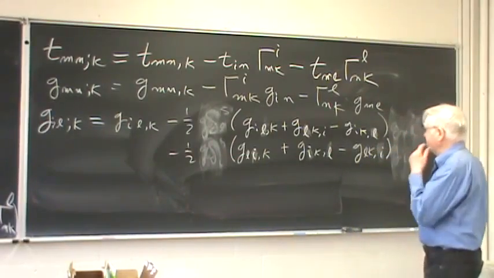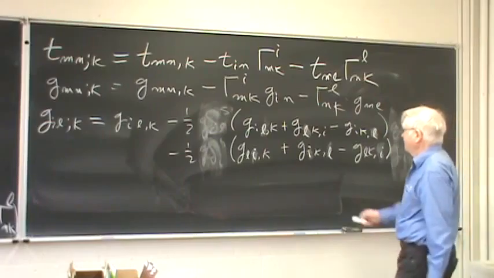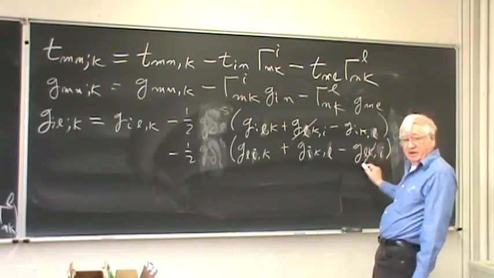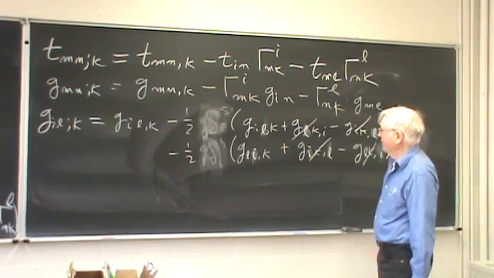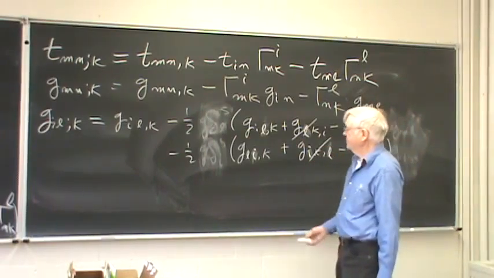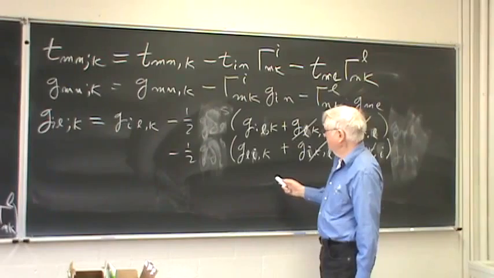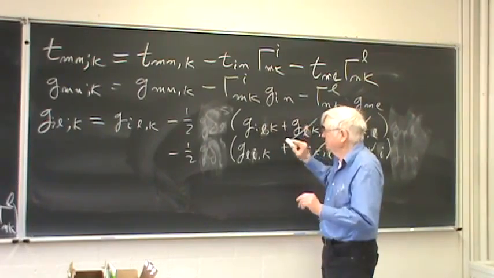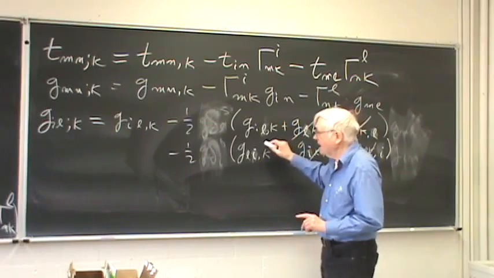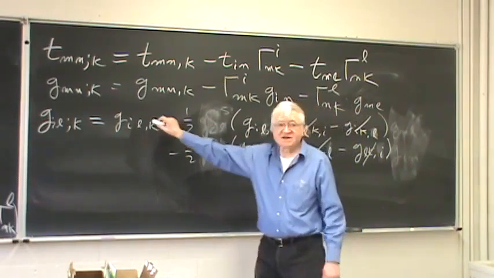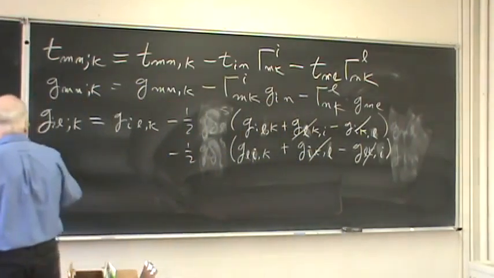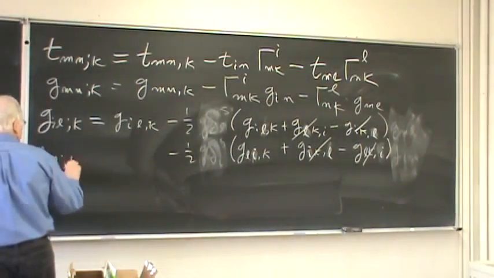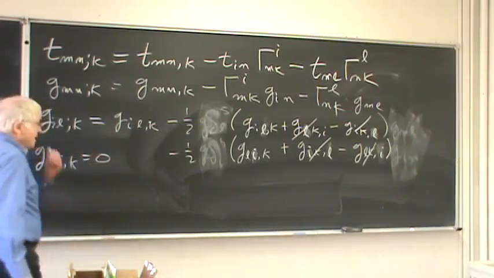Okay, so now we should see some cancellations. First of all, this guy cancels this one, and this one cancels that one. And if you keep track of the fact that this is symmetric, they don't cancel individually, but the two together cancel this. And so altogether we have the result, G_IL semicolon K equals 0.